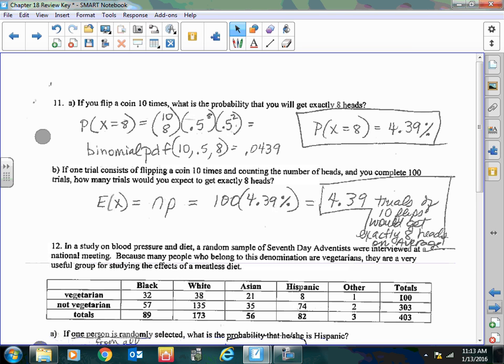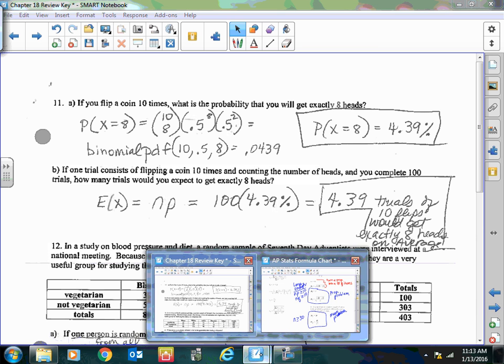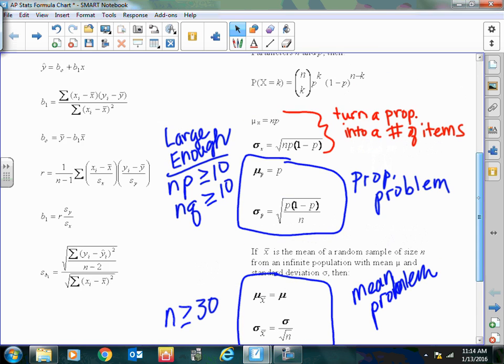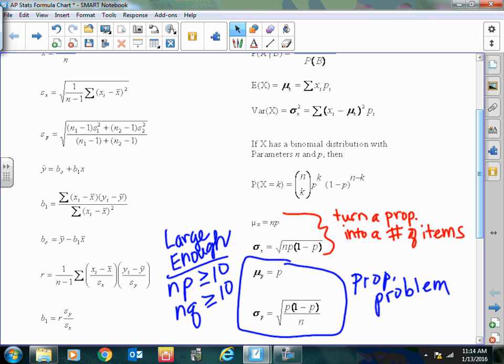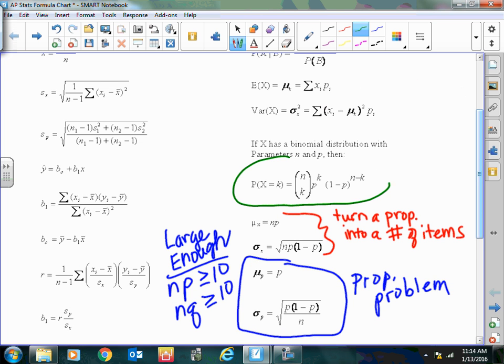So let's take a look. I hope that it rang a bell when it talks about you flip this coin 10 times and find the probability of exactly 8. On your formula chart, that is here, where we said, okay, the probability that you have exactly 8 successes is what we're having.